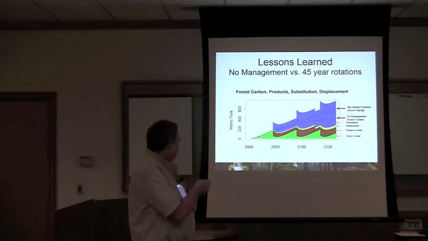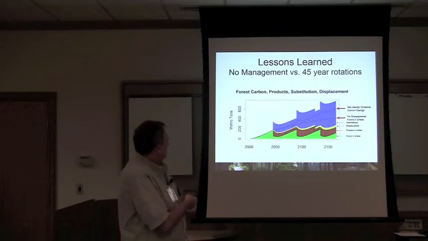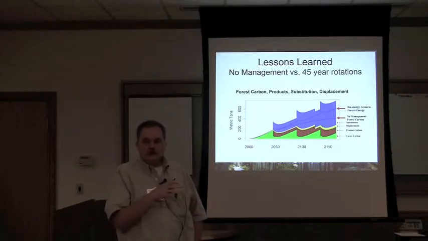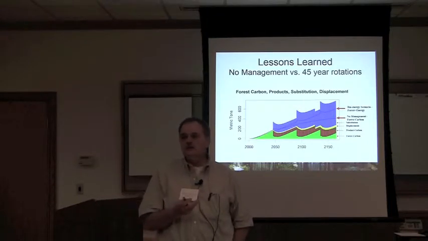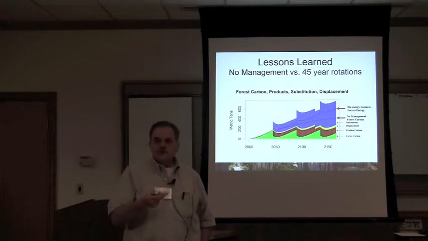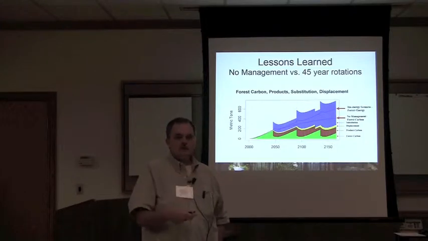To highlight that a little bit more, this is a theoretical acre in the Pacific Northwest. If you don't harvest at all, you just leave it alone, that line is the no management, what's being accumulated in the forest. If you do harvest it, these lines below, the green is what's standing in the forest, so you have significantly less carbon in the forest.